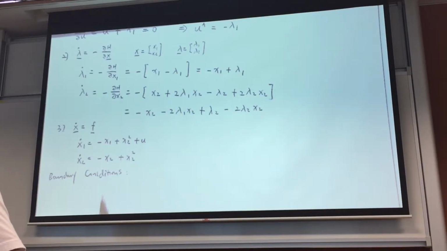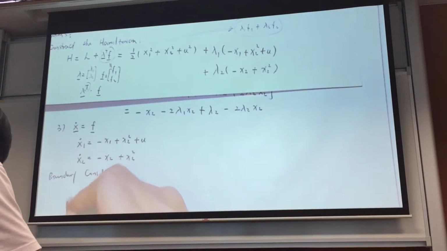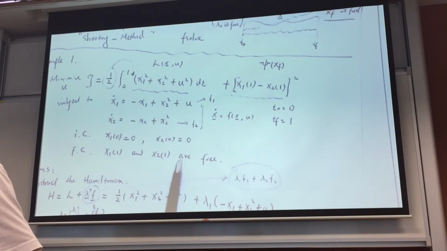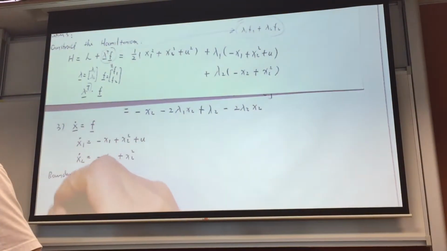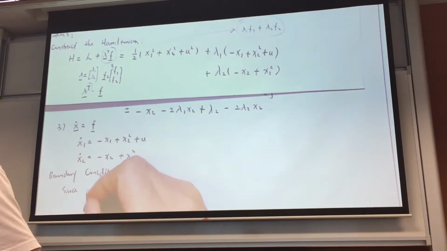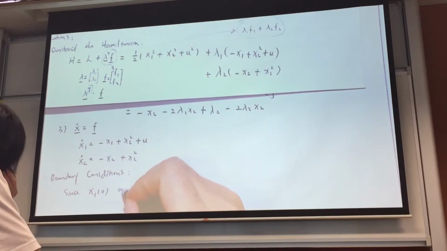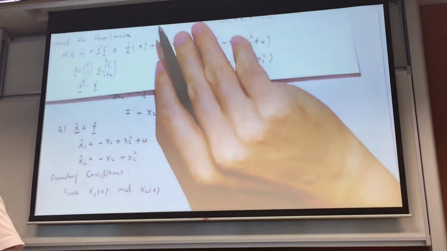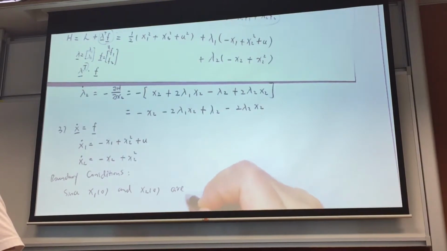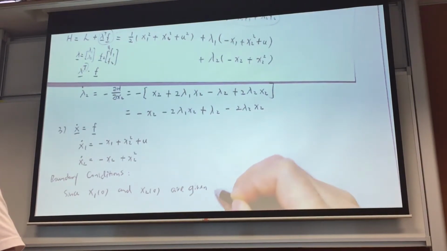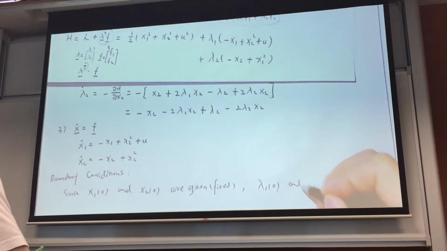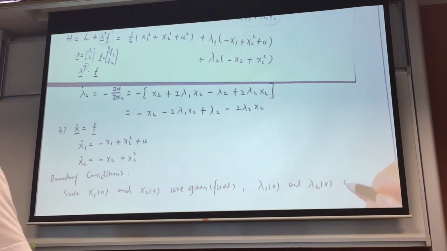For the boundary conditions, because x10 and x20 are given, or say fixed, and we know both are equal to 0, we have lambda 1,0 and lambda 2,0 to be free.